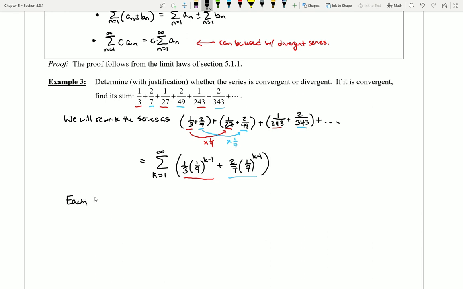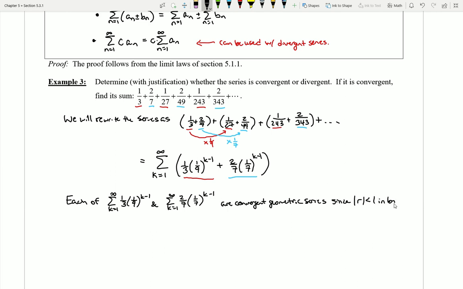I'll state here that each of our series here, I'll write these out separately. This series and this other series, if I had them as separated series, are convergent geometric series since the absolute value of r is less than 1 in both cases.